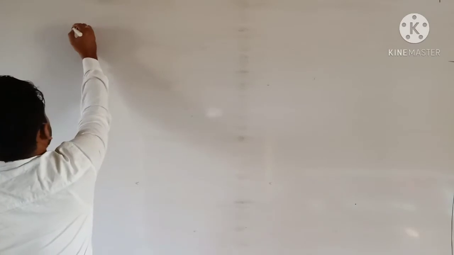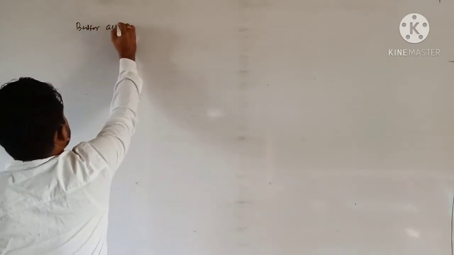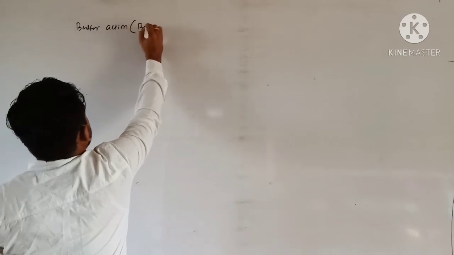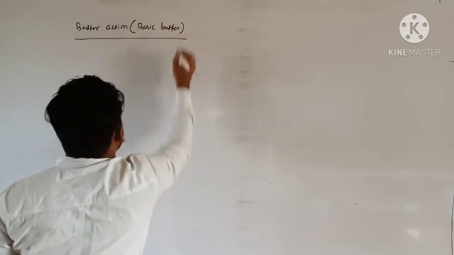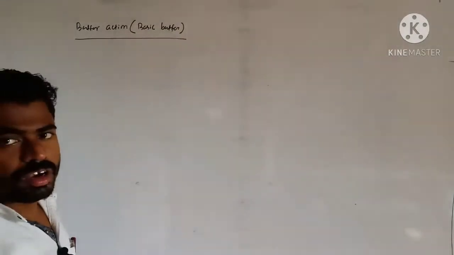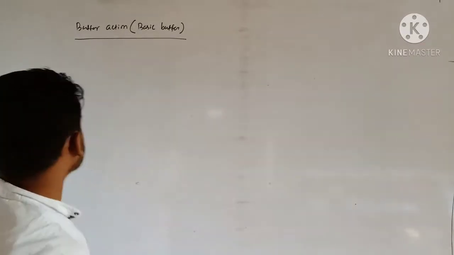Next, if we consider the buffer action of a basic buffer, let us discuss how its pH remains unaltered by adding a small amount of acid as well as alkali to it.